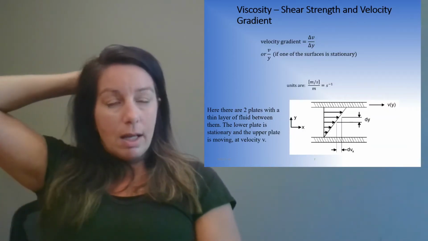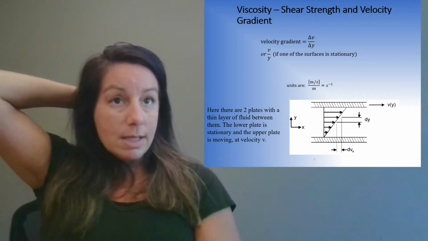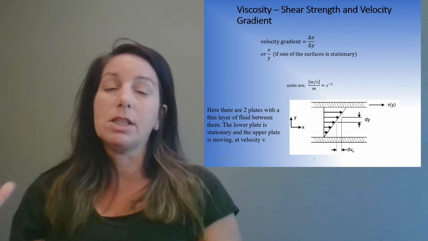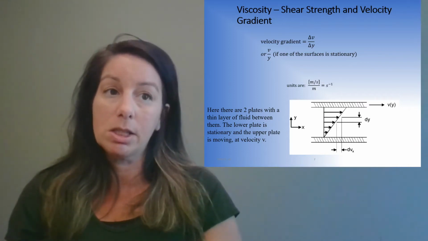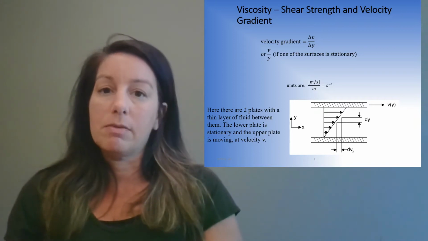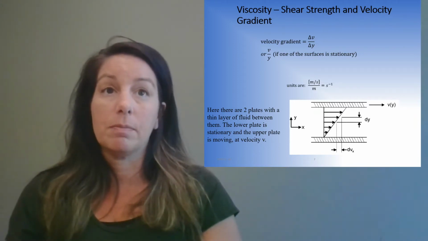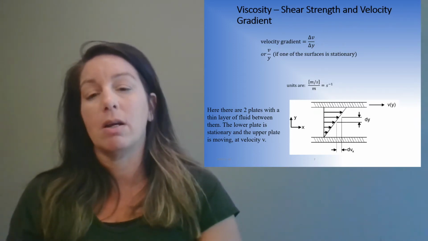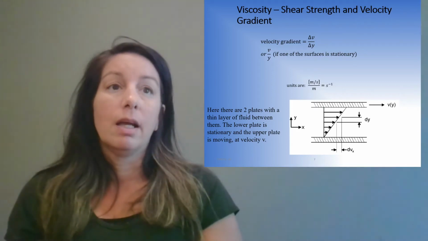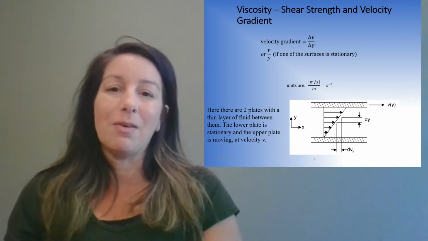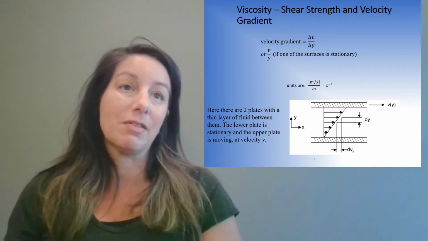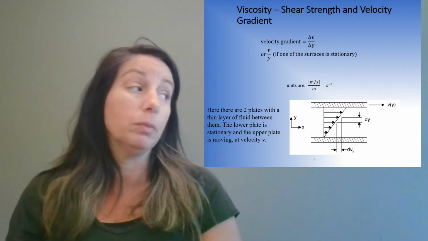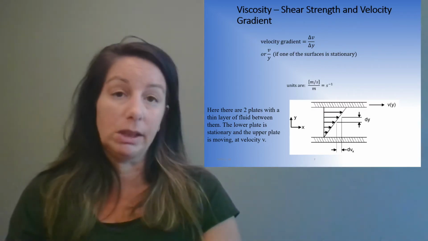So continuing with the shear strength and velocity gradient, the velocity gradient is the change in velocity over the change in height relative to the non-moving surface, or the velocity over the height. This is only applicable if one of the surfaces is stationary, which is true generally.